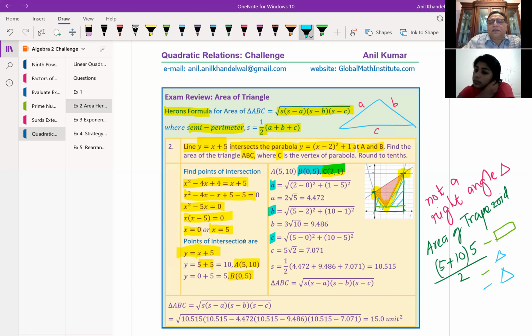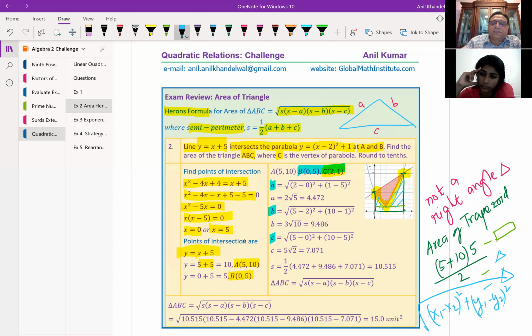If you write a, think about the B and C coordinate points and use the distance formula. Let me write it down here now. Distance formula: square root of (x1 minus x2) whole square plus (y1 minus y2) whole square. So we have used this particular distance formula right here to find a, b, and c, right?